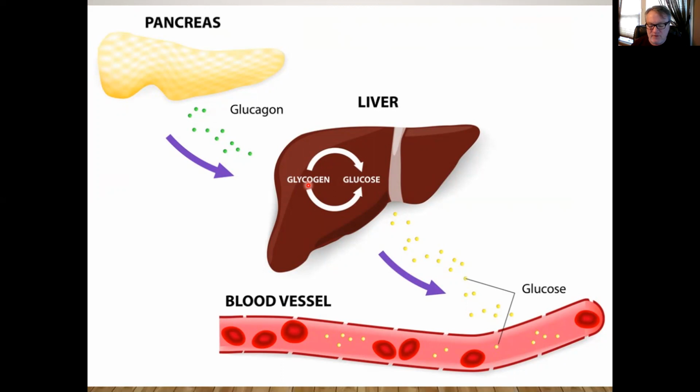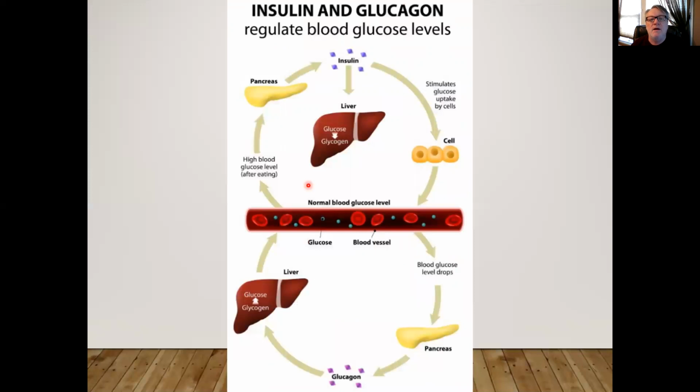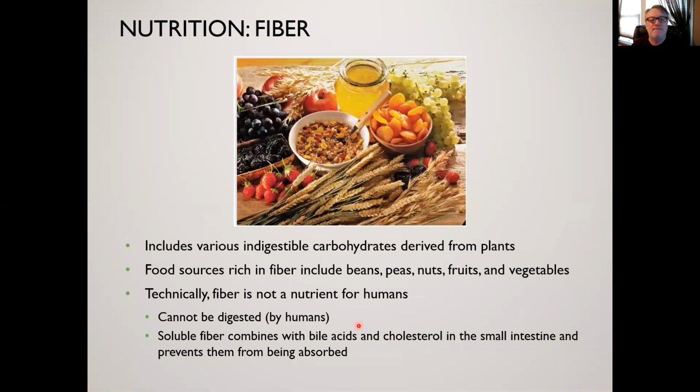This becomes a very important part of animal metabolism, just trying to keep a steady level of glucose in the blood. So again, here we're showing these negative feedback systems, either insulin or glucagon, causing opposite effects on glucose levels.